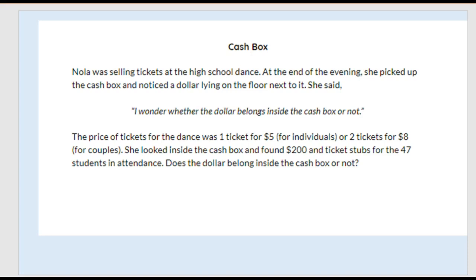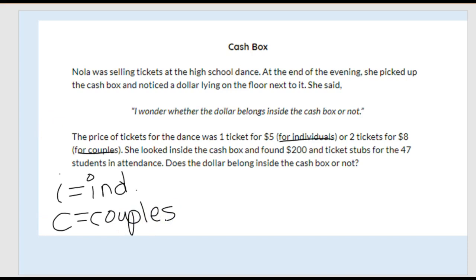Okay, so to find the answer to this, I'm going to start by making some equations. First of all, we're talking about different groups. The first group is for individuals, and the second group is for couples. So I'm going to say I is for individual people, and C is for couples.